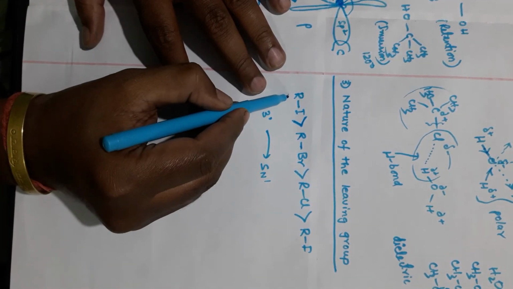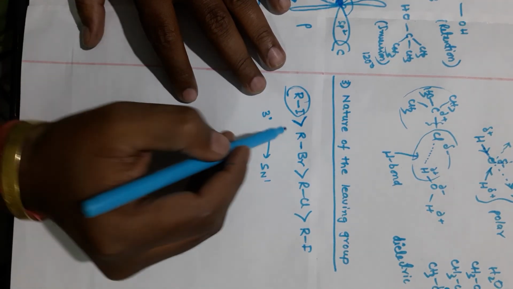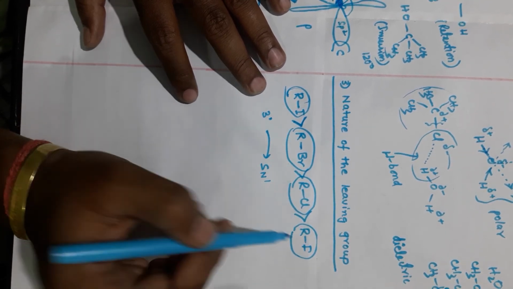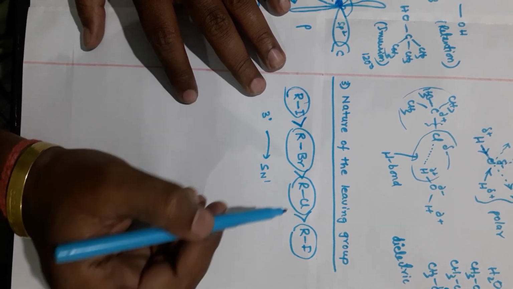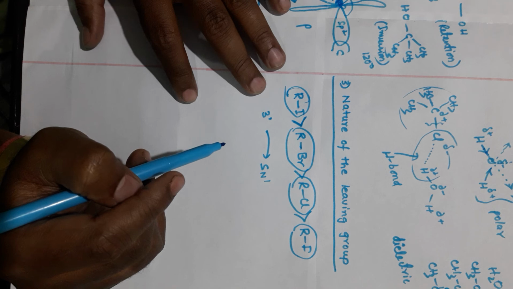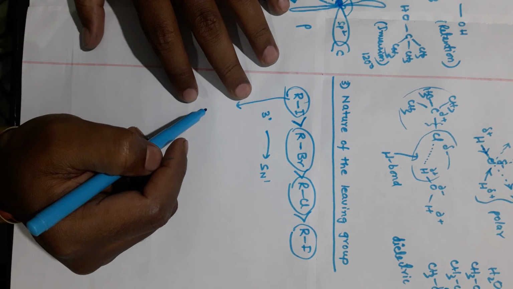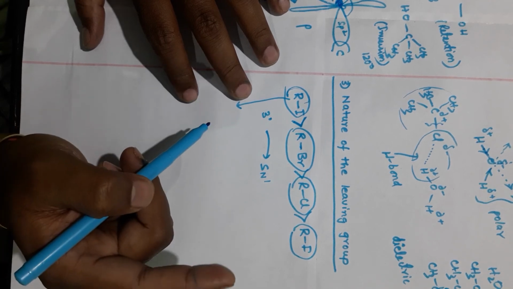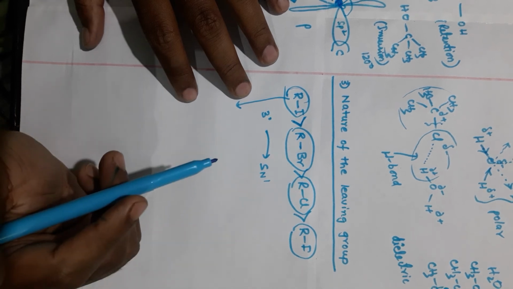So if I take tertiary alkyl iodide, tertiary alkyl bromide, tertiary alkyl chloride, and tertiary alkyl fluoride, what is the difference? The halo groups are different. Which one will prefer Sn1 most? The answer is tertiary alkyl iodide, because the iodo group is a better leaving group and it can leave easily as iodide when compared to the bromo group, chloro group, followed by the fluoro group.